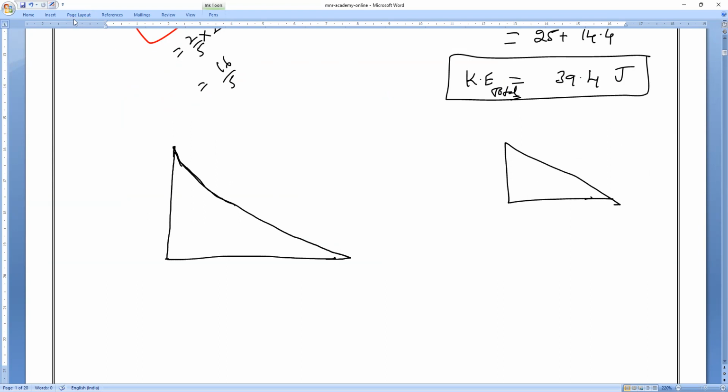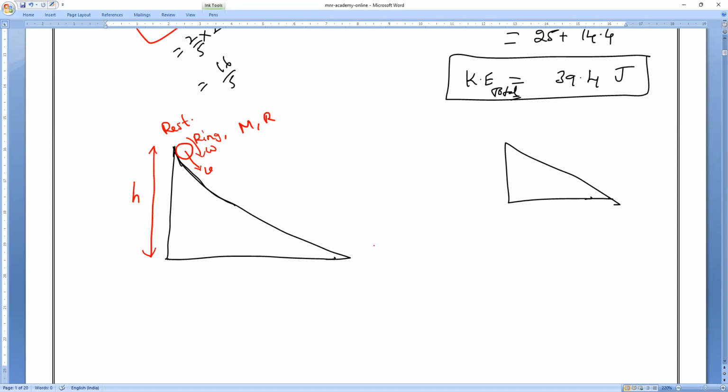Now a ball or a ring, you can take it. I am dropping a ring whose mass is m and radius is r, which is initially at rest. Now it has a velocity v of the center of mass and angular velocity omega, and the height of this surface is h.